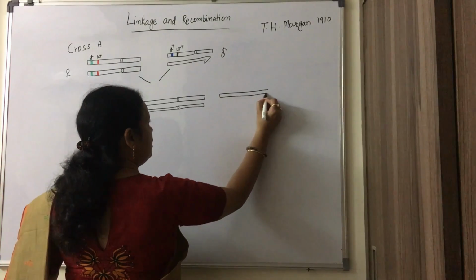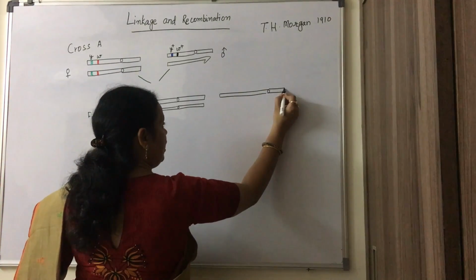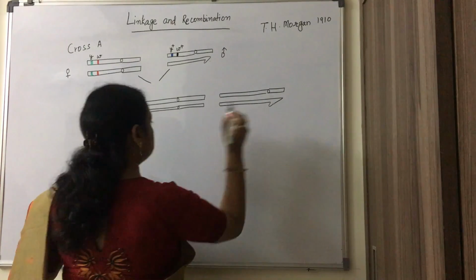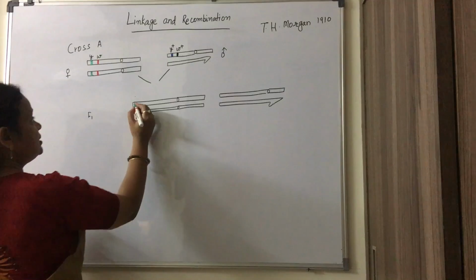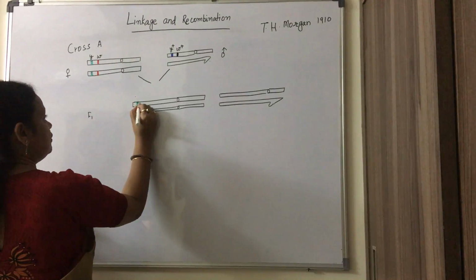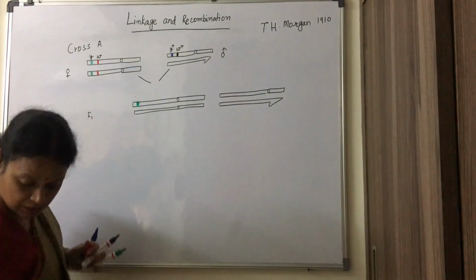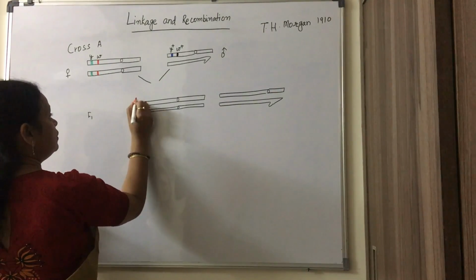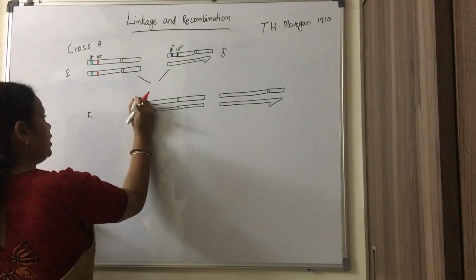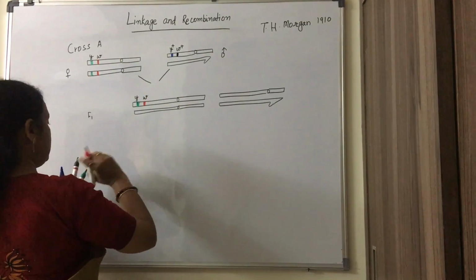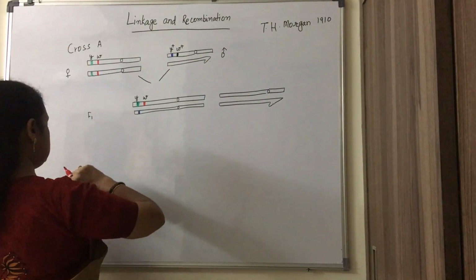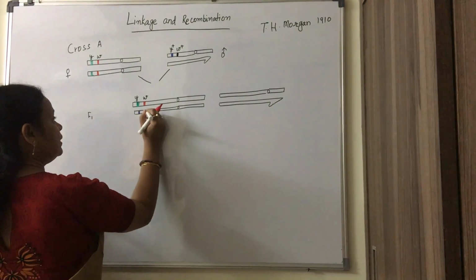So these are the F1: this is Y, this is W, and here we have Y plus and W plus.